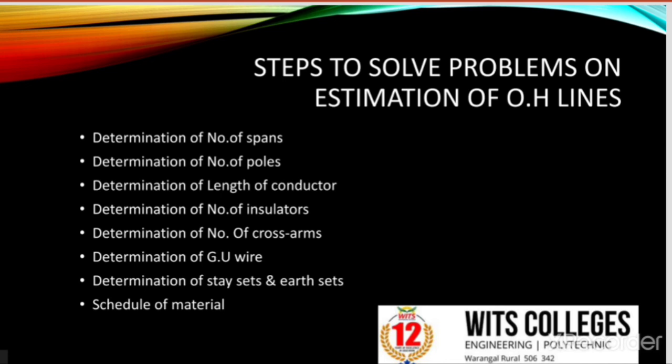The total length of the earth wire will depend on the total length of line and the number of earth points to be provided. The earth wire is passed over the transmission lines; if you observe, the earth wire is placed at the top of the pole. Next, we determine the stay sets as well as earth sets.